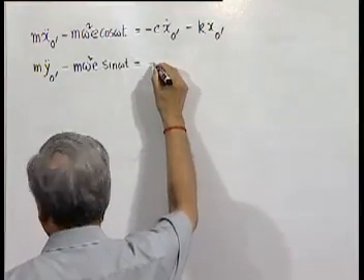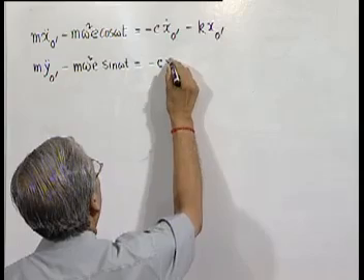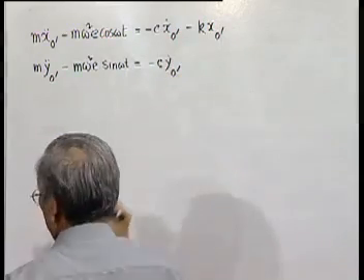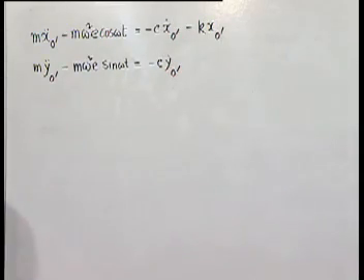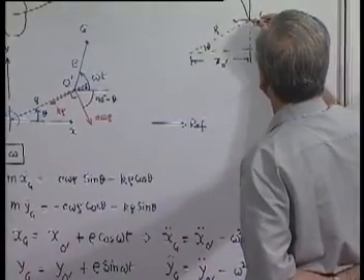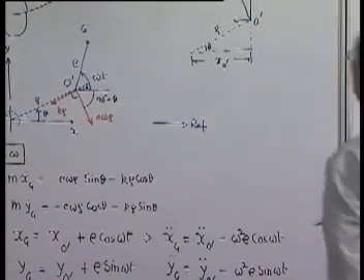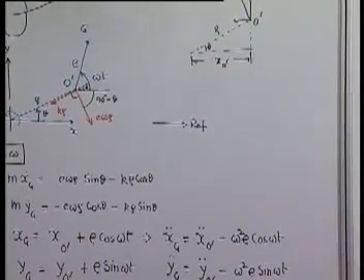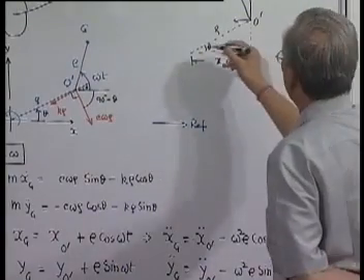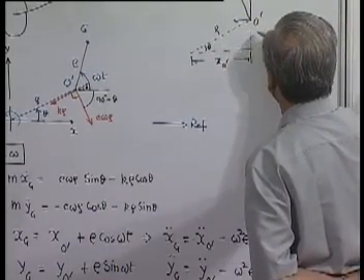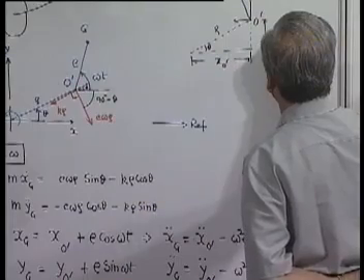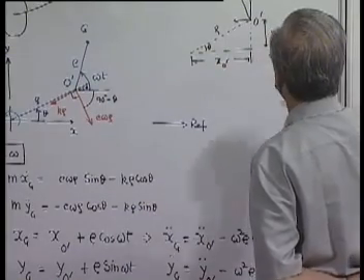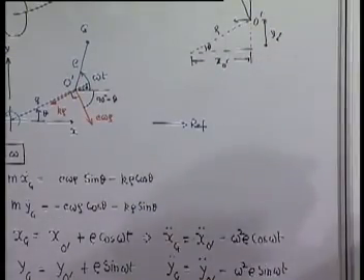So, minus sign will remain, and rho sin theta is, rho is this and rho sin theta is this. So, this is yo prime. So, it is minus k yo prime.